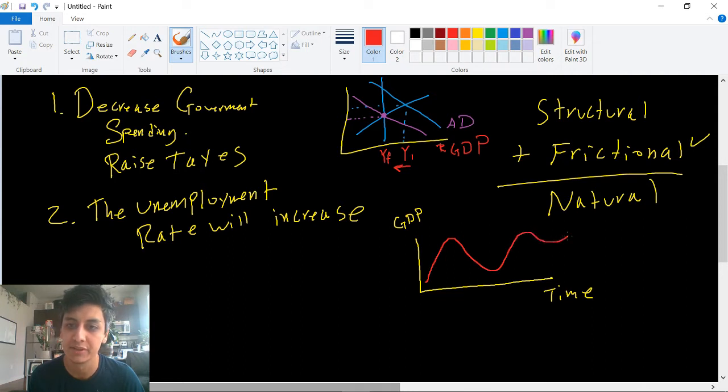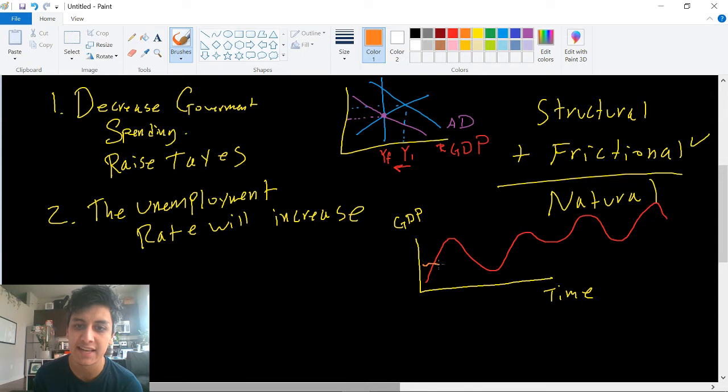And we gradually go up, and our peaks are a little higher, our troughs are a little lower. If you look at the unemployment in terms of this, right? Unemployment's very low, then unemployment gets very high. Unemployment gets really low, unemployment gets really high. But the natural rate of unemployment, it looks something like this.